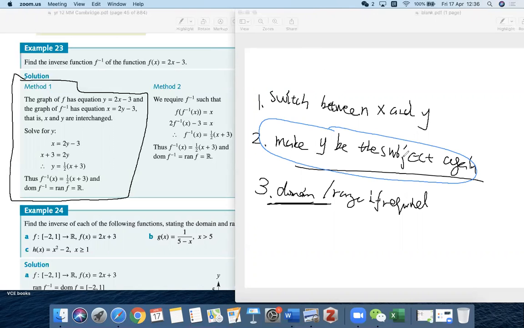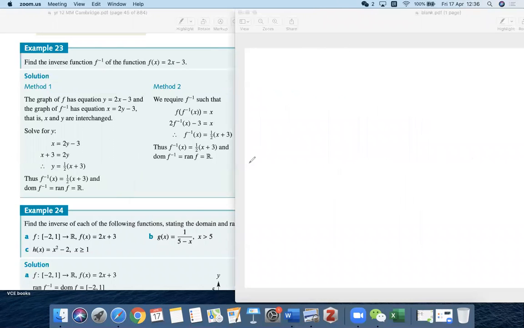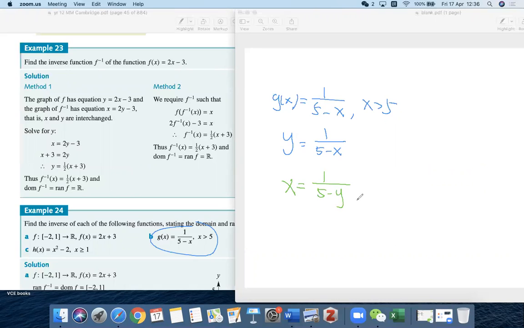Let's try one. For example, we take this one: g(x) equals 1 over 5 minus x, with x greater than 5. So the original function is y equals 1 over 5 minus x. First step, switch x and y, so x equals 1 over 5 minus y. The second step is solving for y.